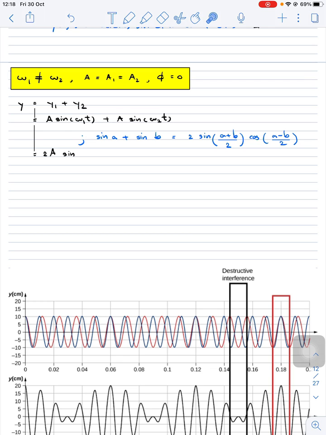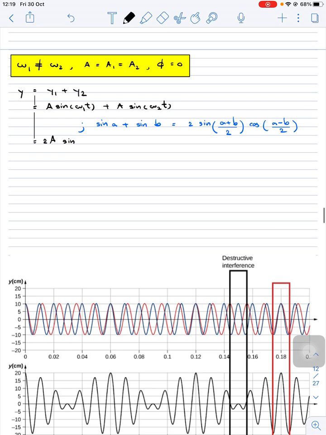It means that we need to sum omega 1 t and omega 2 t together and divide by 2. Then we have omega 1 plus omega 2 over 2, times t. So this is for the first term.